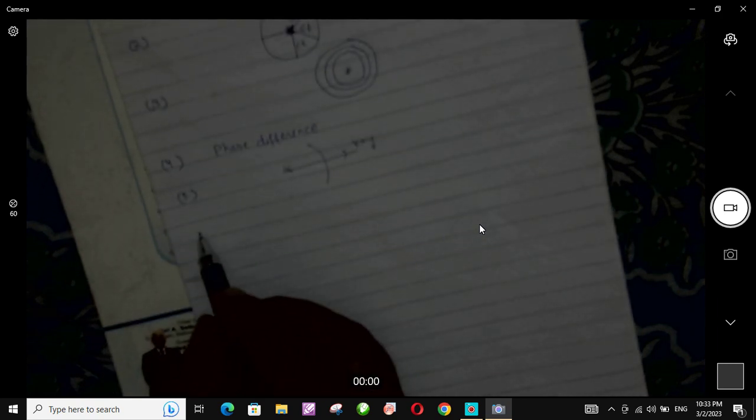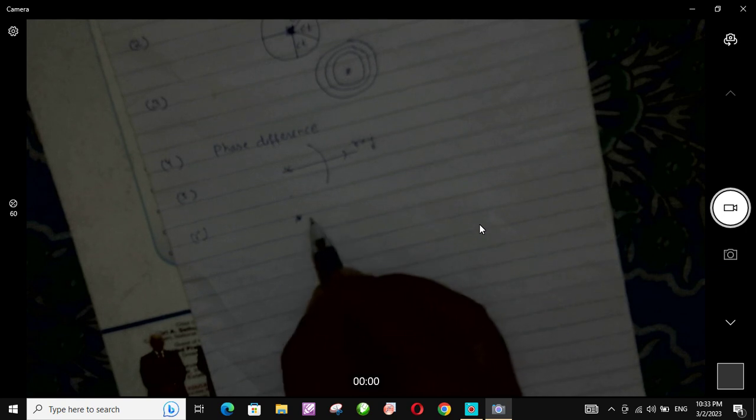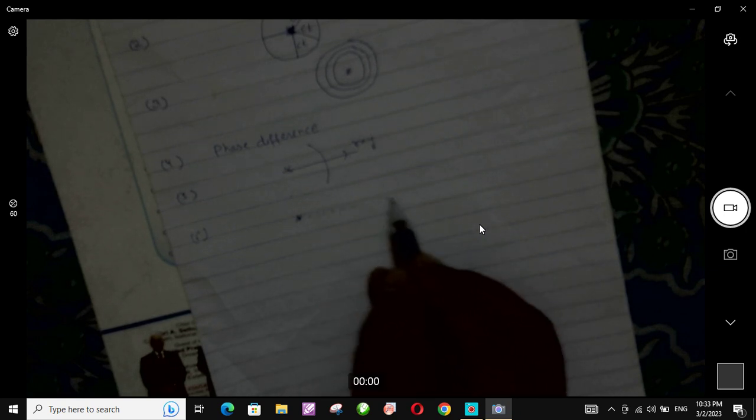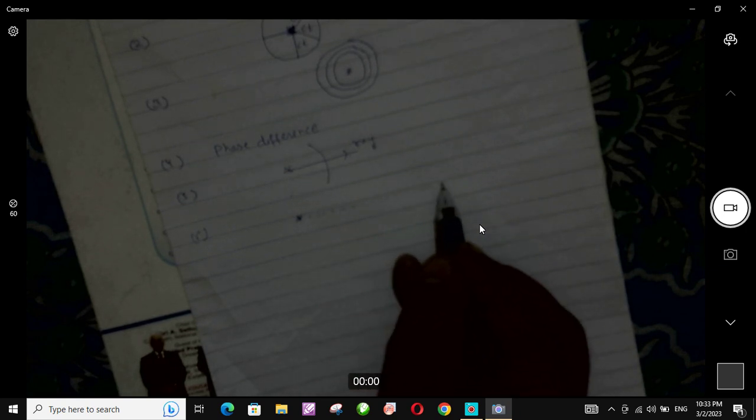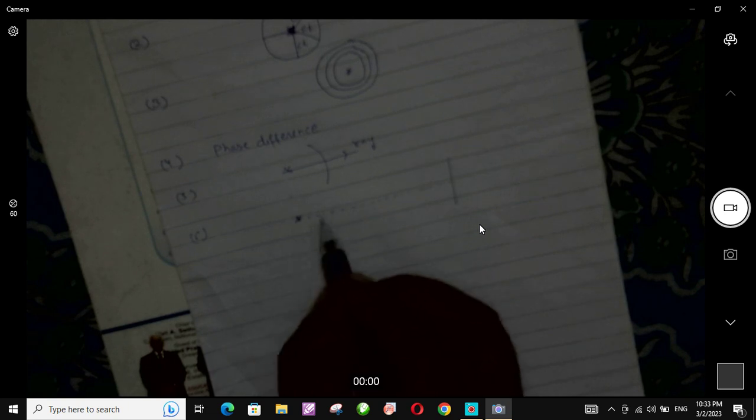And the next point we have also already studied, that if from the point source we watch some wavefront at infinite distance, then it looks like a plane wavefront.